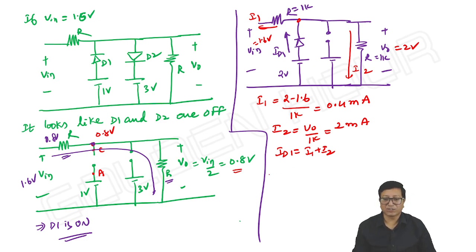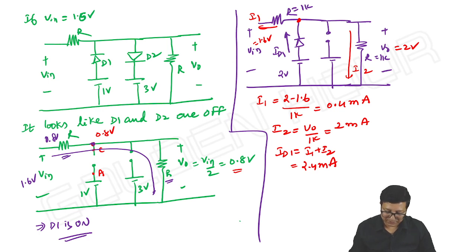Two currents are leaving this node and one current is entering. ID1 is entering, I1, I2 are leaving. So it is 2.4 milliamperes. The current through D1 is positive, means 100% D1 is in conduction. However you take, we can analyze it.